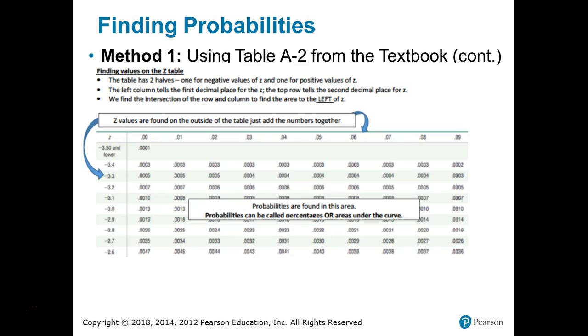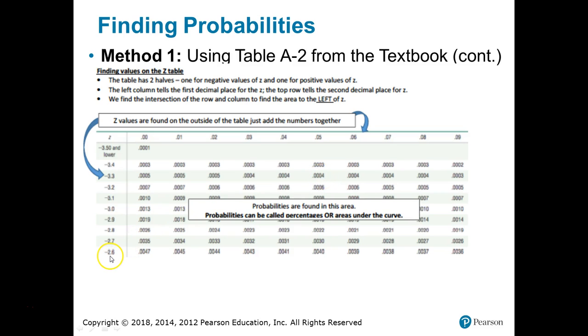So how do we use that table? Okay, so z values are found on the outside of the table, and just add the numbers together. So say you had negative 3.35. So you look at negative 3.35. Negative 3.35 would correspond to 0.0004.